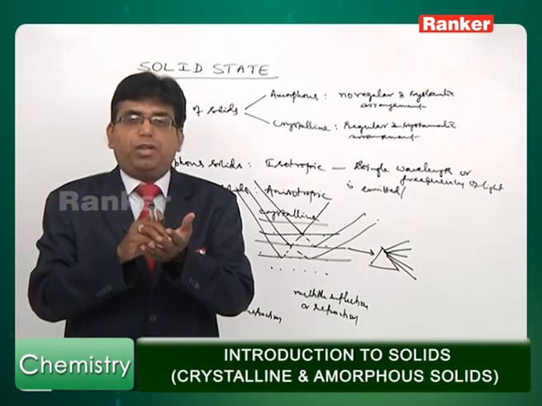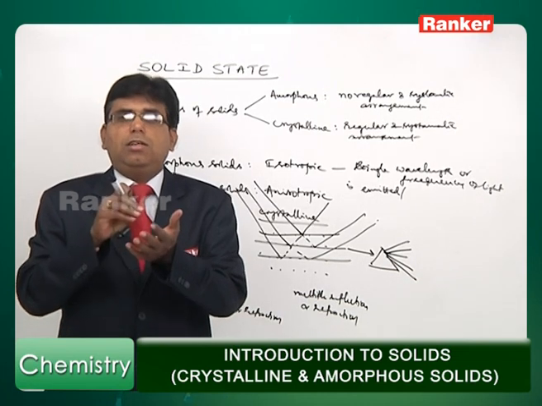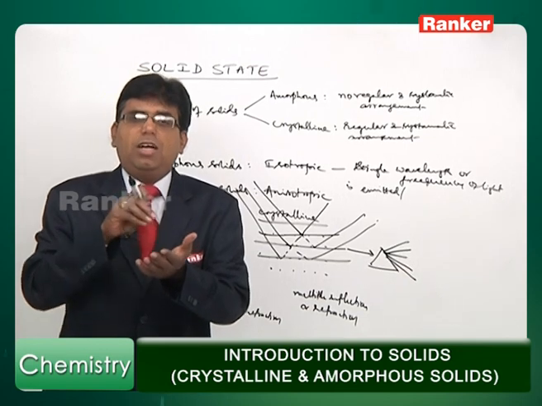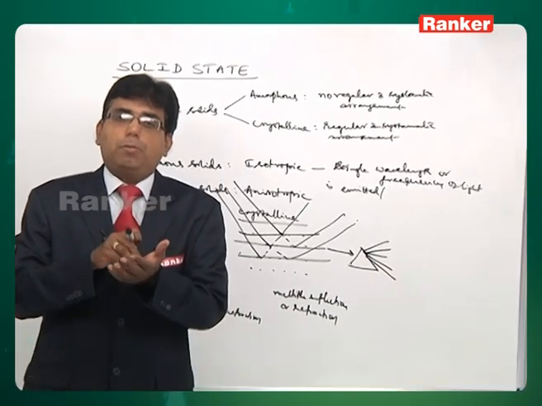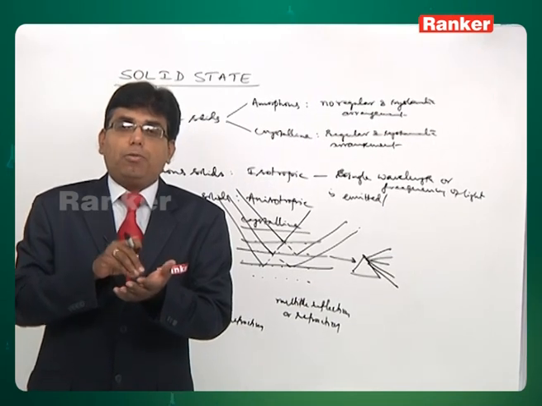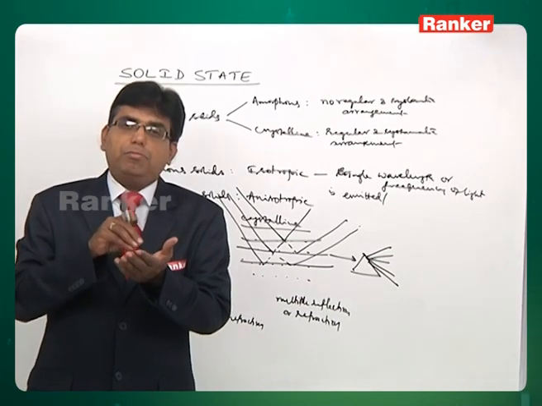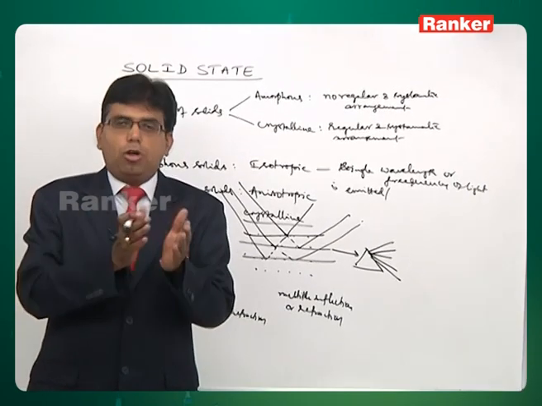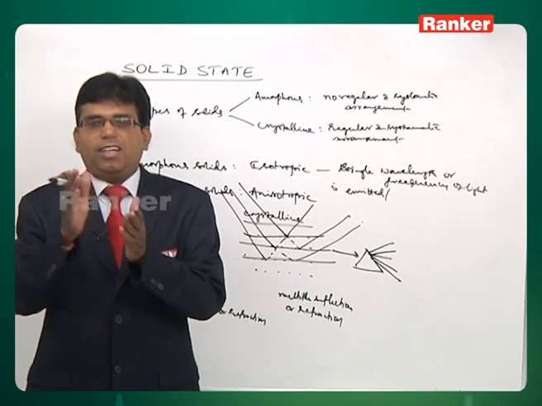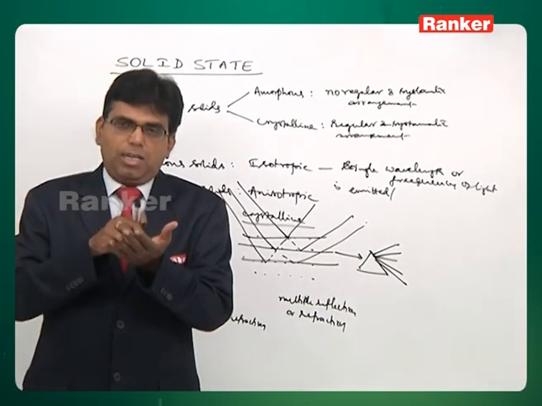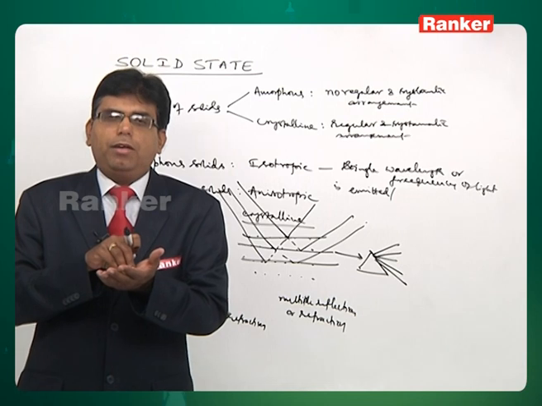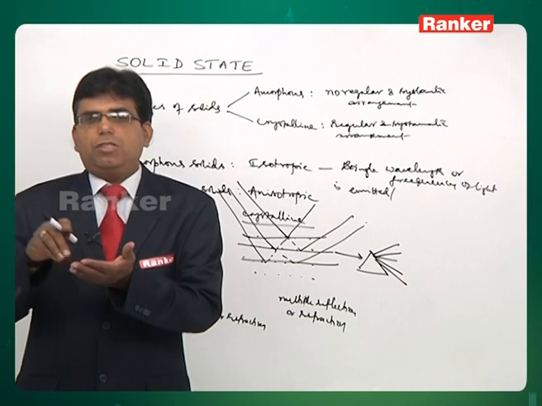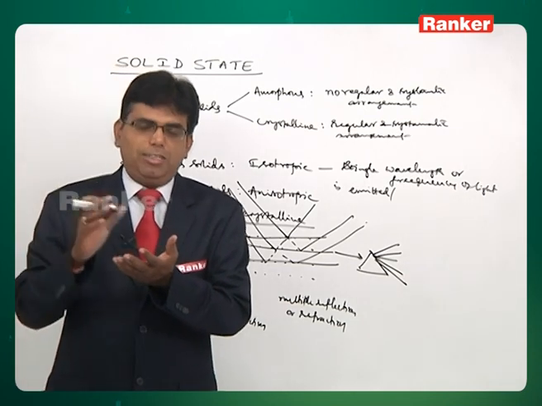Glass is one of the best examples of an amorphous solid, and in fact amorphous solids are considered to be supercooled liquids, because their characteristic properties are closer to those of a liquid than a solid, whereas crystalline solids are the pure solids.